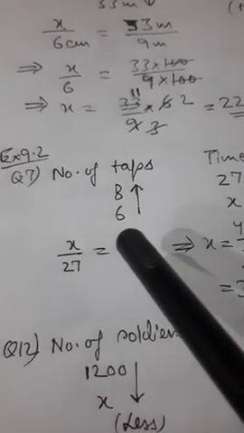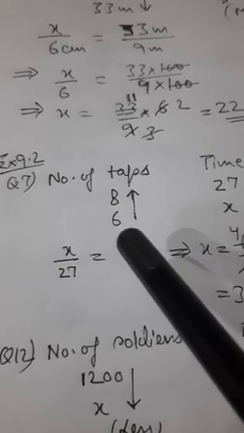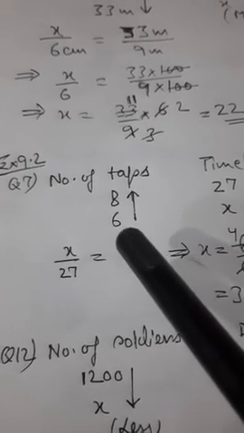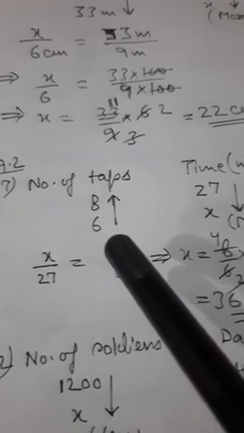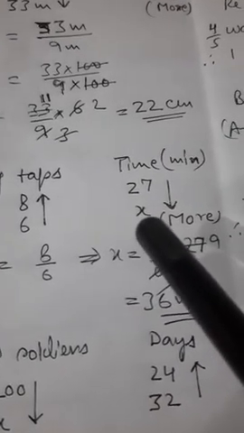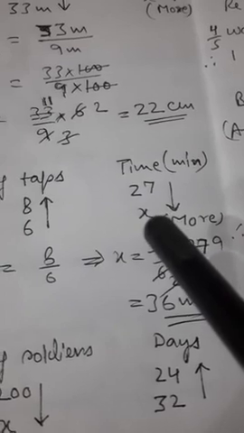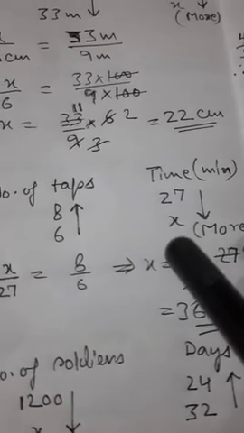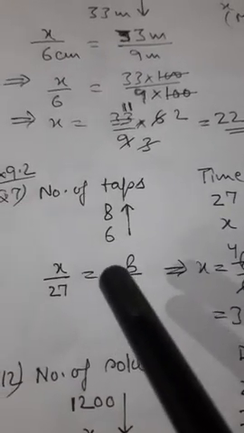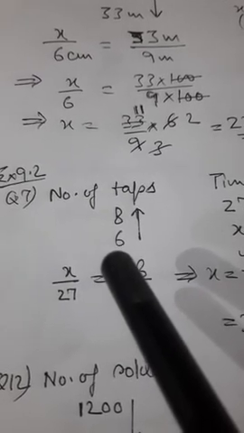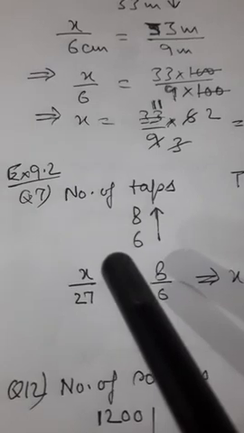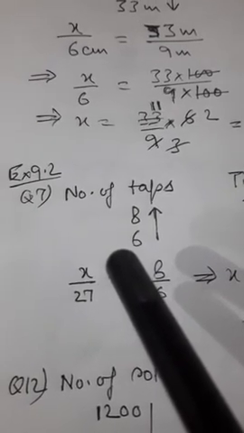In the second case, 2 taps are less now, so there are 6 taps. So how much time will they take to fill the tank? This is the second situation. So can you tell if the number of taps are less, will they take more time or less time to fill the tank?